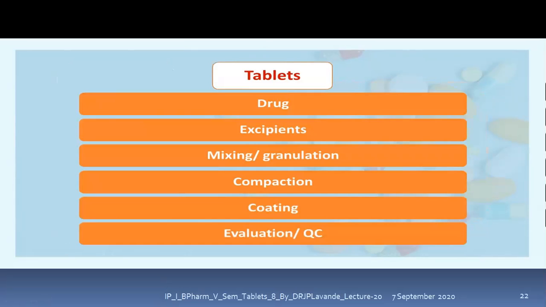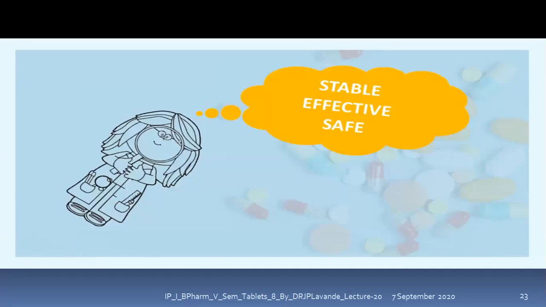Now we saw that the tablet will contain the drug and the excipient, which passes through the stages of mixing, granulation, compaction, and coating, and once all this is done, there is a need to go for evaluation, which is ultimately called the QC.